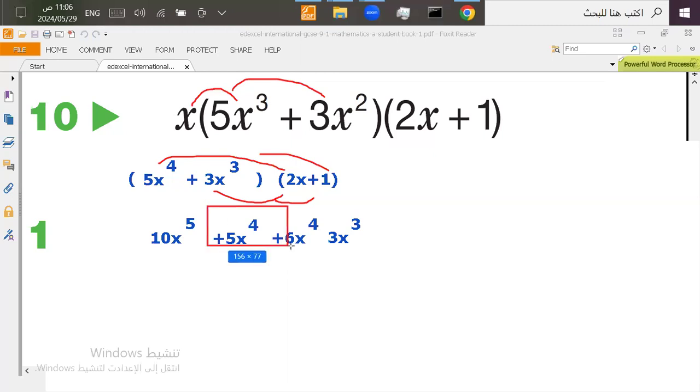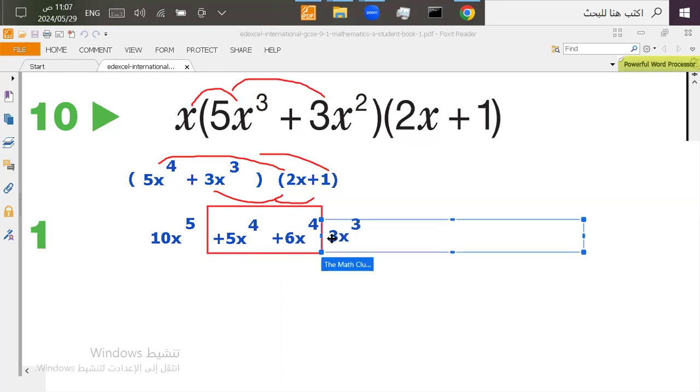We'll find out that these two have the same coefficients. So they have the same coefficients. It means we can simplify them with each other. So 5 plus 6 is going to be 11. So let's write the answer.